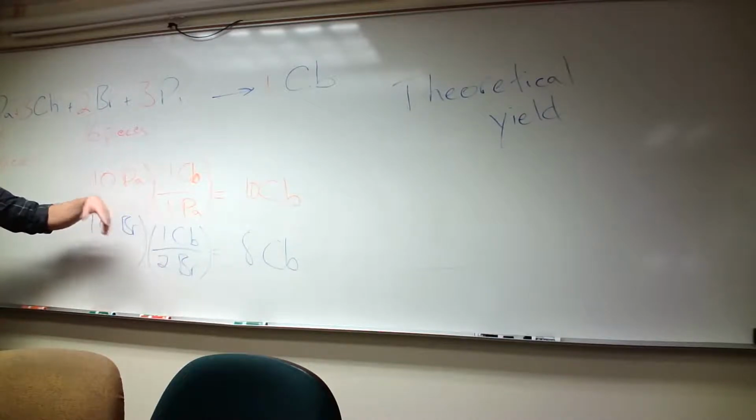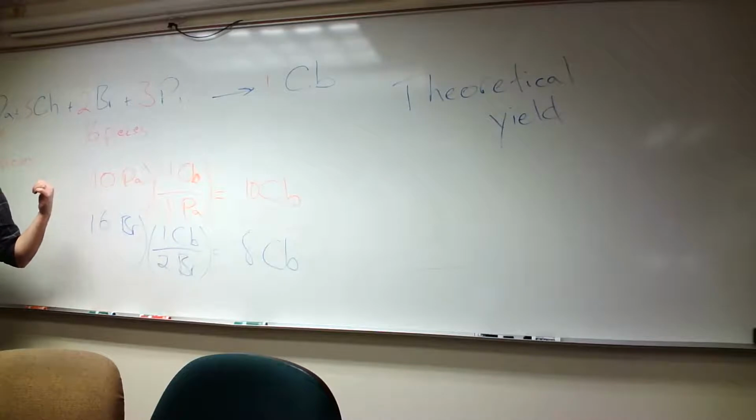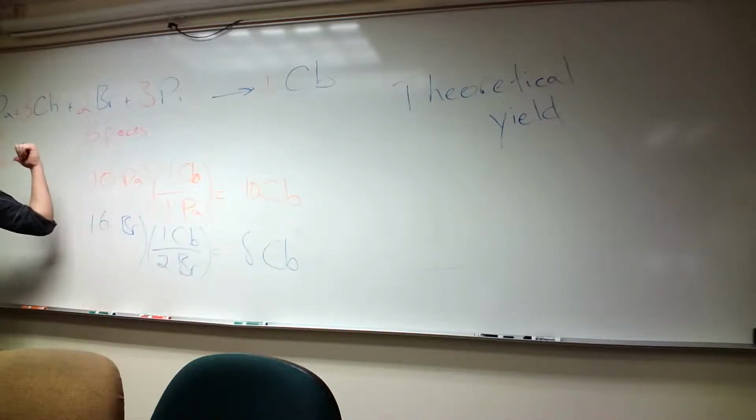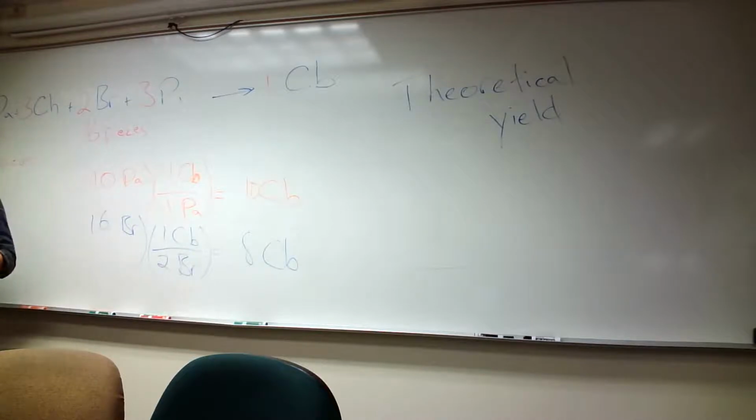So the rest of this part of the course is basically: here's a reaction, here's some starting material or some ending material. How much did we start with? Or how much could we make? And the trickiest part is going to be, how do I get to moles sometimes? If I give you a mass, we know how to get from a mass to moles, right?